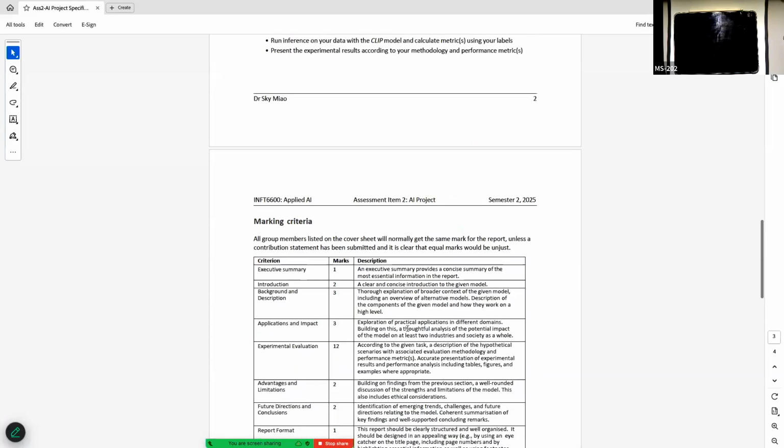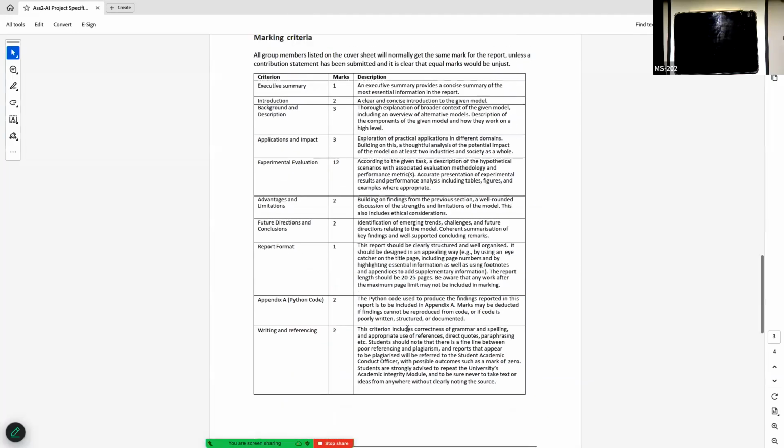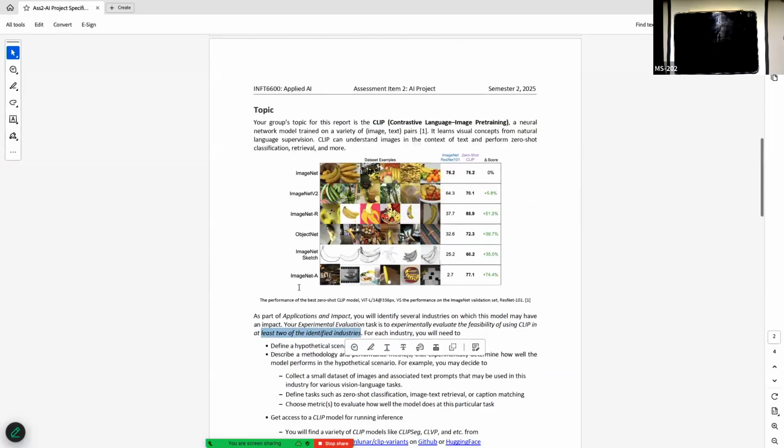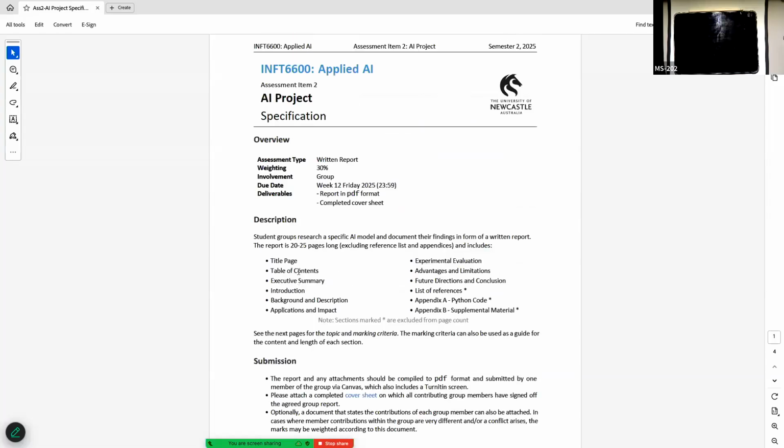The requirement for the whole group is normally to identify at least 2 industries. If it's 2 students, I will ask you to identify just 1 industry as your case study. That's the group size and the workload. All right, so let's focus on the content.